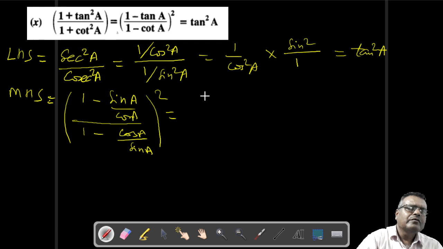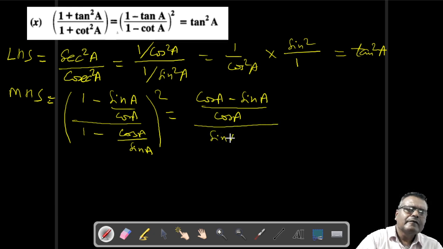You will have (cos A minus sin A) divided by cos A, this whole divided by (sin A minus cos A) divided by sin A. Its whole square.